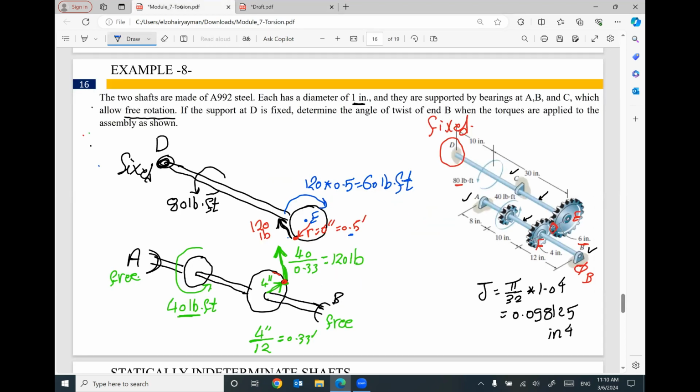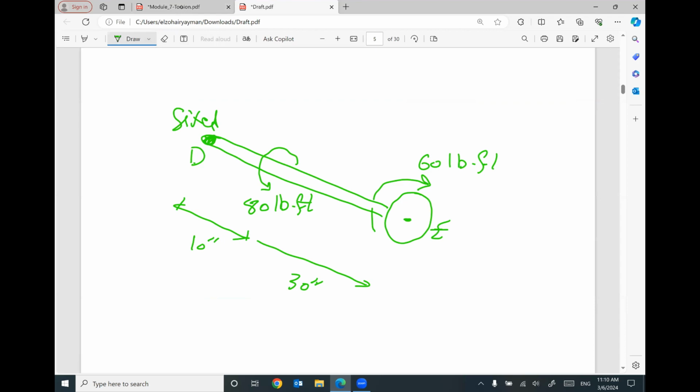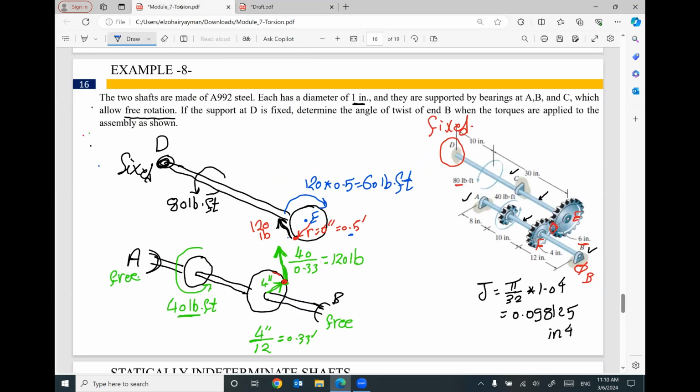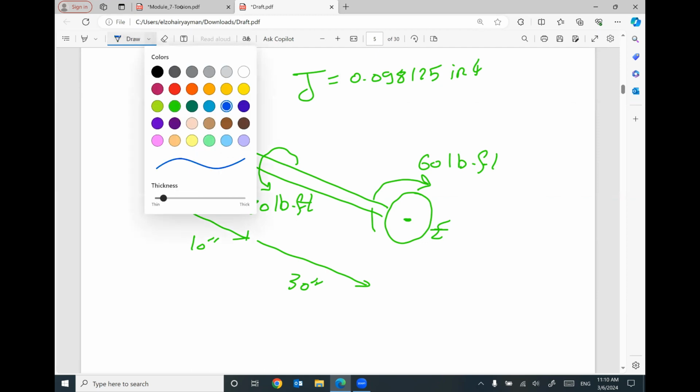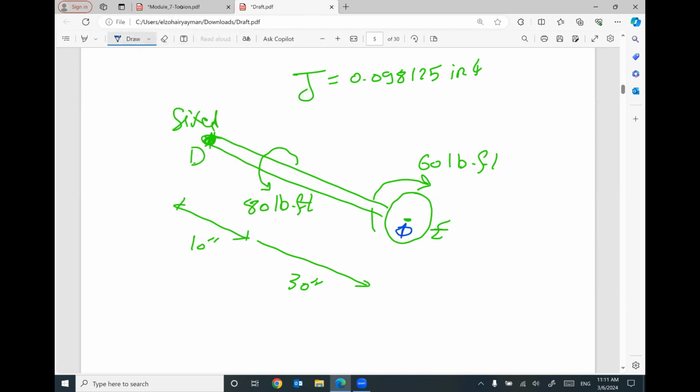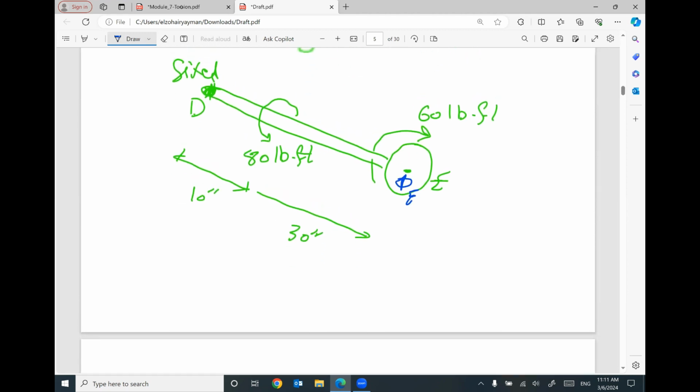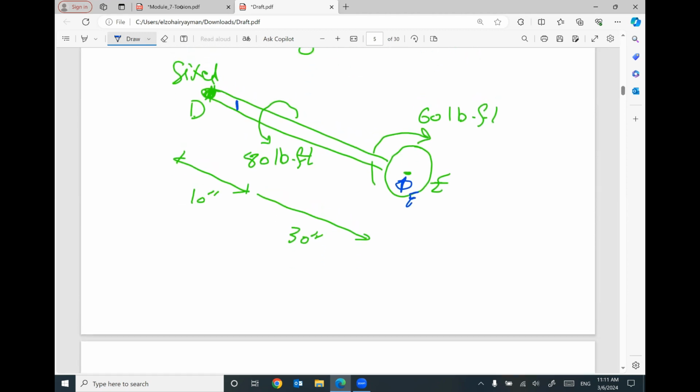That makes sense? And the J for this shaft equals 0.098125 inch to power 4. Because this end D is fixed, I can tell you what will be the phi, the angle of twist at the end E. We have two parts, first part and the second part.